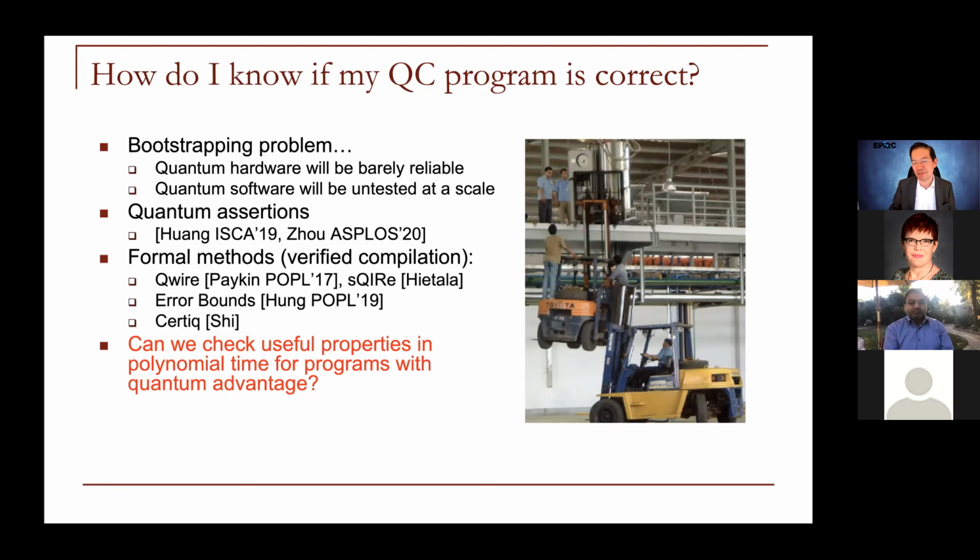Which I have this picture of the forklift on the forklift. So, we're going to have machines where we're really pushing the boundaries of their reliability to scale them and to build workable quantum hardware. And we're going to have software that's really not tested at the scale of those machines, since the computational power of those machines grows exponentially.